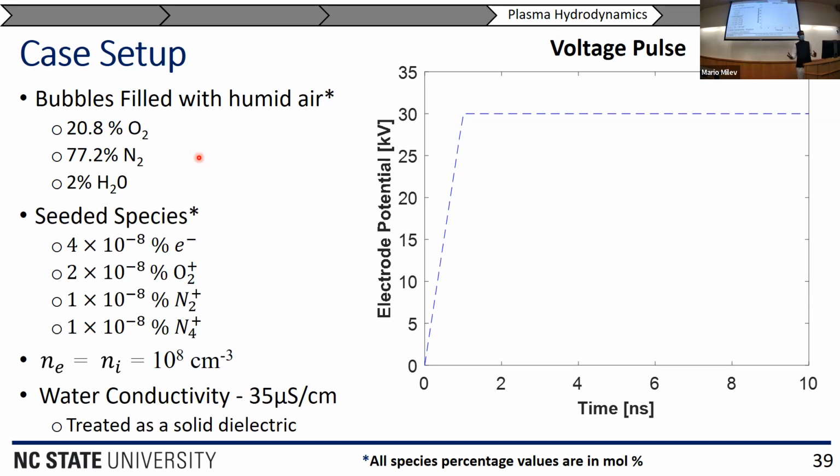The initial conditions and the setup for my case for the plasma hydrodynamics was as follows. I filled the bubbles with humid air. So that's 2% water and your regular oxygen nitrogen distribution. And then I threw in a very small fraction of electrons, oxygen, and nitrogen ions, just to have a seeded start.